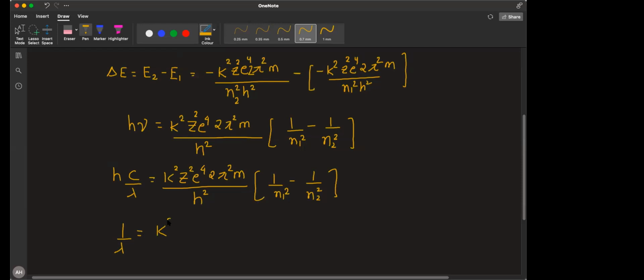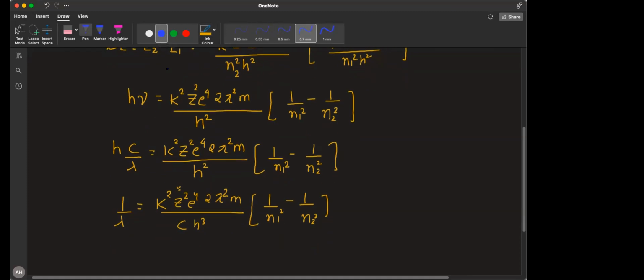It's k square Z square e to the power 4, 2 pi square m by c h cube, into 1 by n1 square minus 1 by n2 square. See, if you look at this term carefully, except for this Z, everything is constant.